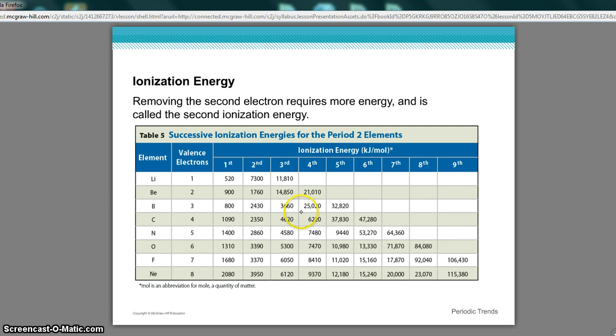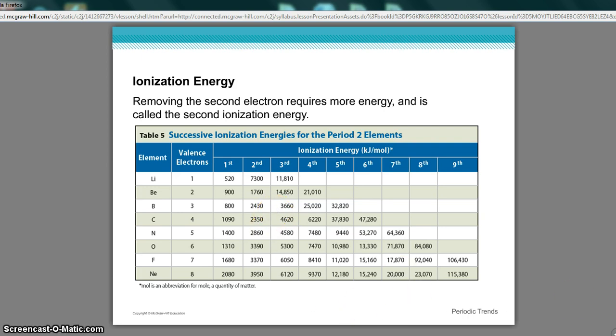Well, what that tells us about boron is it has 3 valence electrons, because if we try to remove a fourth electron, now we're trying to remove a core electron, and that electron is way closer to the nucleus and is going to take a whole lot more energy to remove. So when you have a chart like this, you see that big jump is going to tell you how many valence electrons there are in a particular atom.